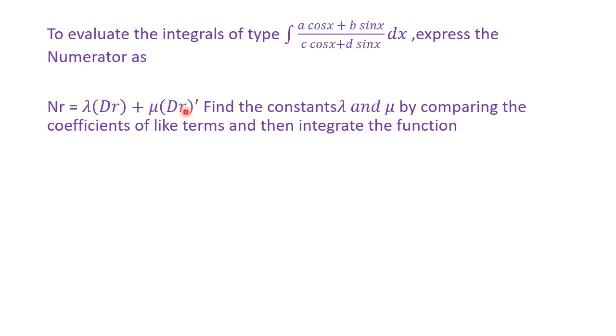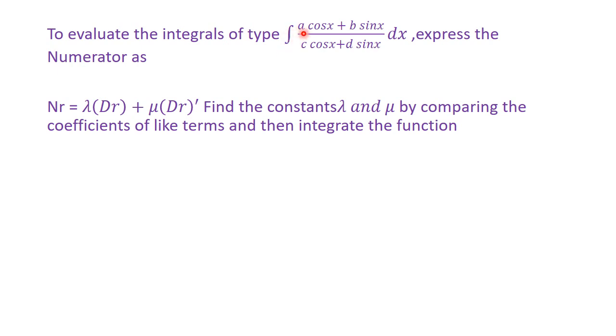denominator also. Now what you have to do is find these constants lambda and mu by comparing the coefficients of like terms. And when you have lambda and mu, then substituting their values, you will have the given integral in integrable form.